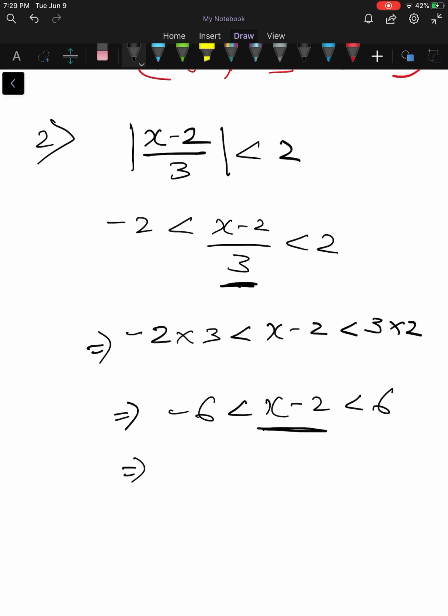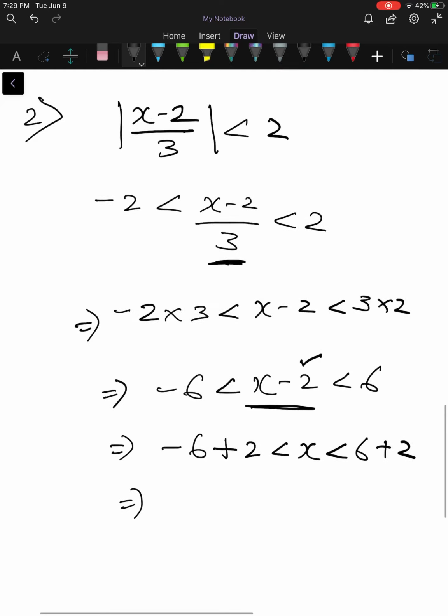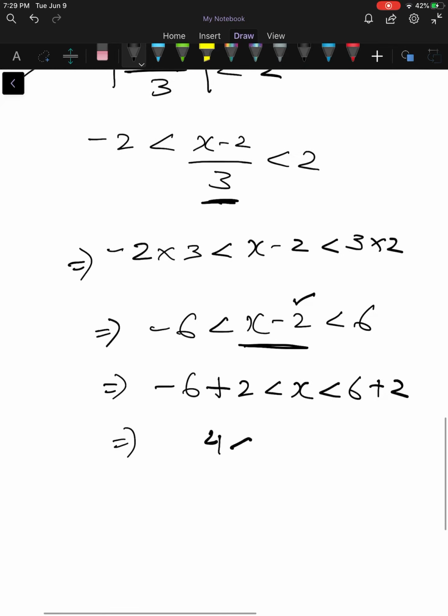Now I should get just x in the middle term, so I should eliminate the negative 2 here. That can be done by adding 2 to all the terms. So that would give us negative 6 plus 2 less than x less than 6 plus 2. This will reduce to negative 4 less than x less than 8.